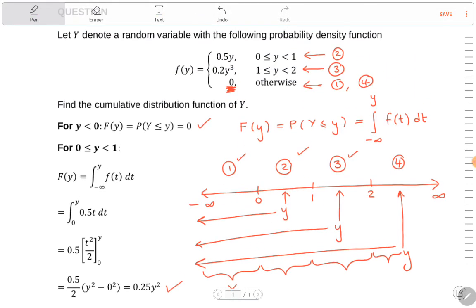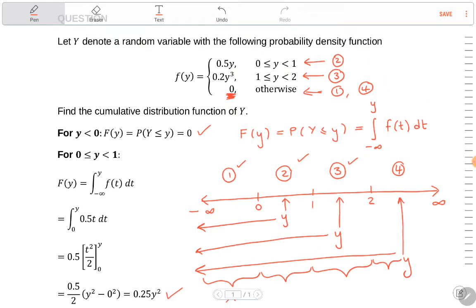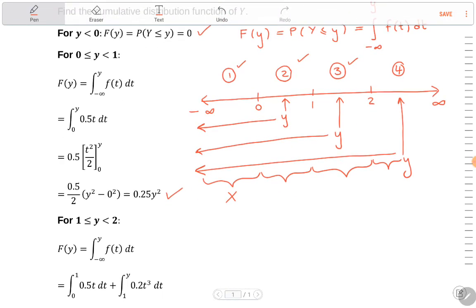How? If you look at this graph, we know all of the probability lies between 0 and 2. Because if you look here, it's 0 below 0 and above 2. So there's no area under this graph anywhere outside of that region. So you're not going to waste time actually doing any of these integrals.